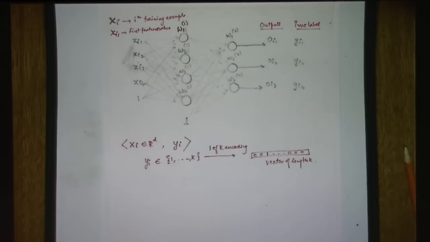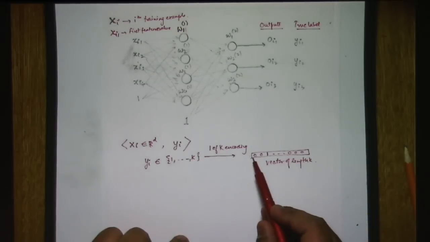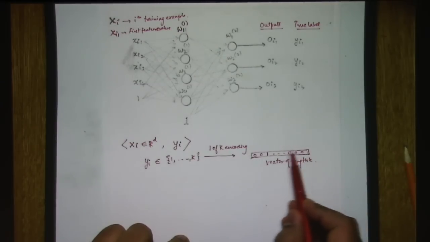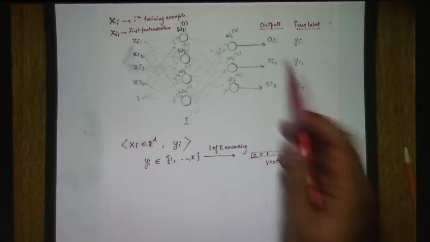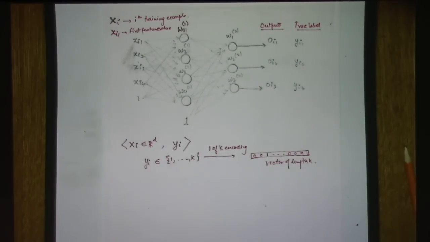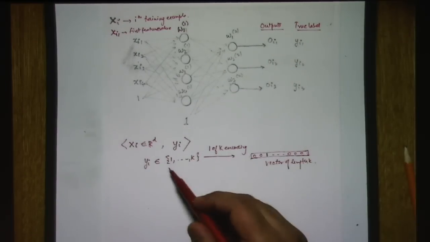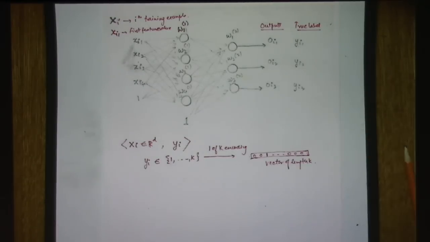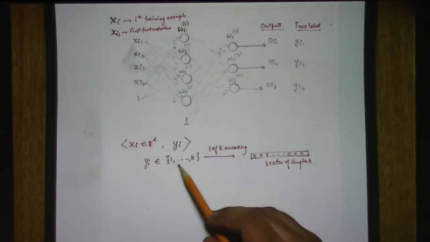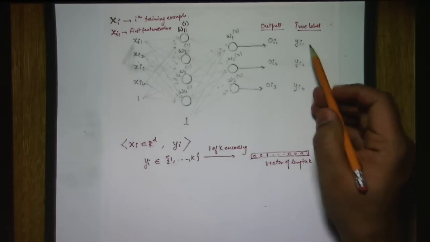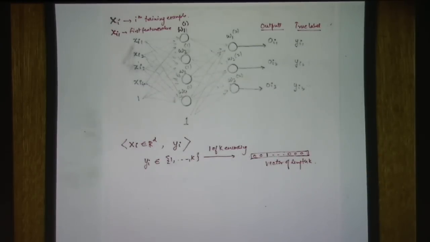Any questions about that? That's called 1 of k encoding. The reason we need it is that we're getting k outputs, and the true label was just one value, so we converted it into 1 of k encoding. There's nothing nefarious going on here. Whatever the true class was, we set that to 1 and everything else to 0. That's the only thing we did.